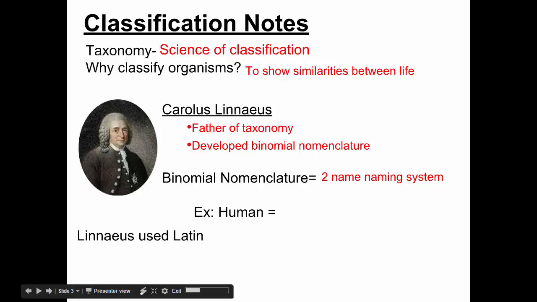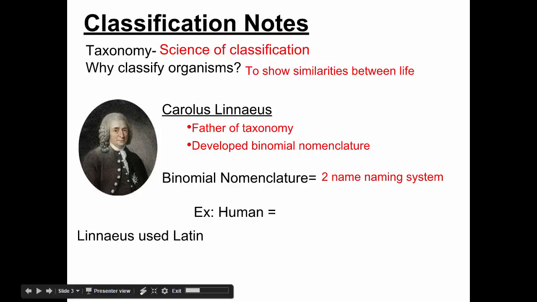In binomial nomenclature, which Linnaeus popularized, every living species gets a two-part name. For example, humans. Do you know the scientific name of a human? You've probably heard it before.